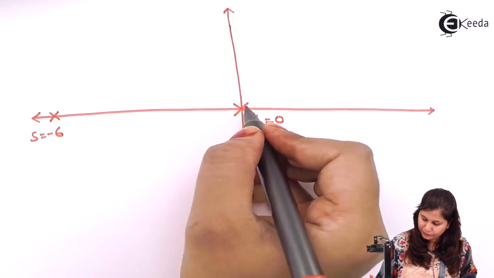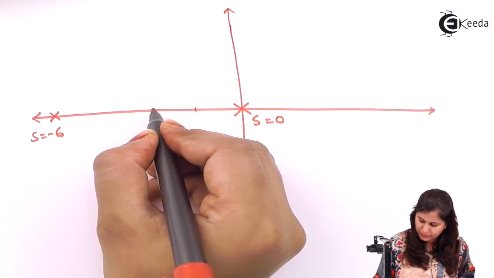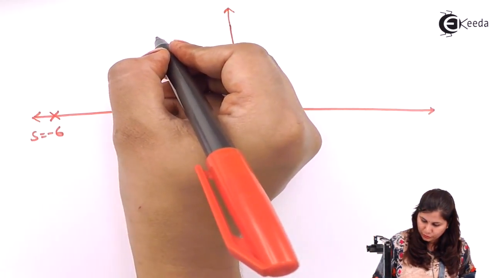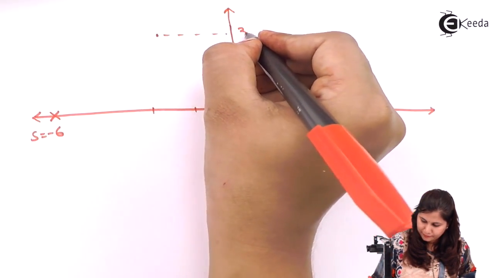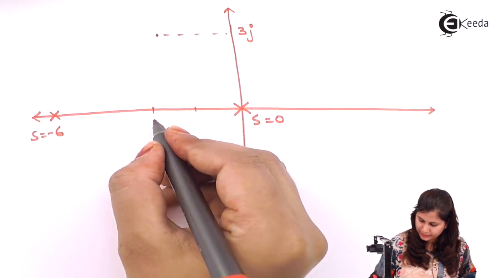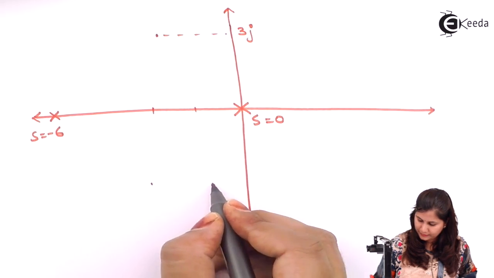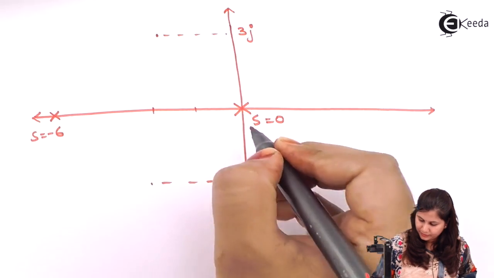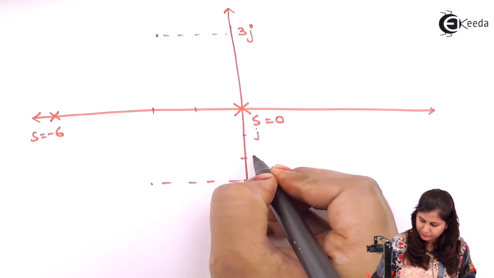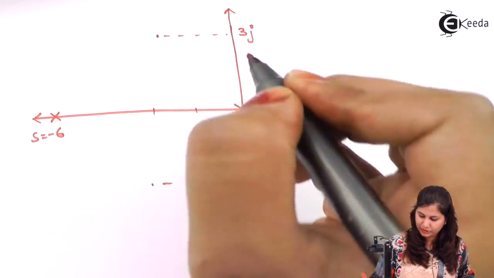So minus 2 will be somewhat here, this is minus 1, minus 2, so minus 2, and this is plus 3j, this is minus 3j, this is j, this is minus 2j, this is minus 3j.